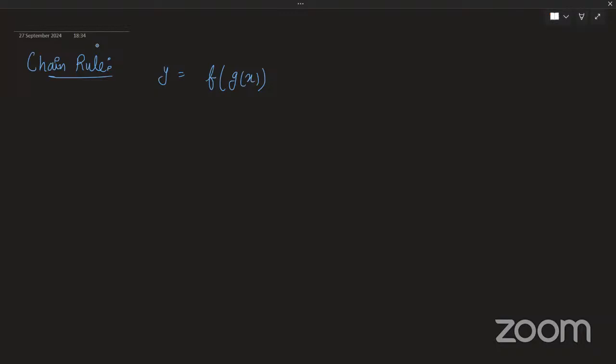So over here, your dy by dx is basically d by dx of f of g of x. What we can do is consider your g of x to be some variable u.